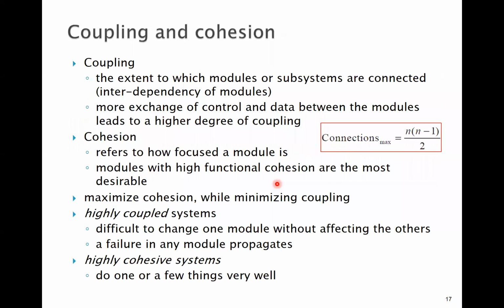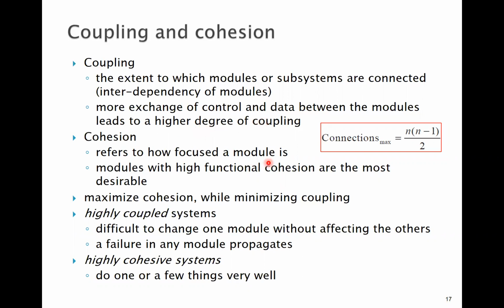Okay, finally, coupling and cohesion. While we are designing a system, we have many modules, as you see from the previous slide. There were 5 modules, and each somehow is connected to some of the others. So coupling is the extent to which modules or subsystems are connected.